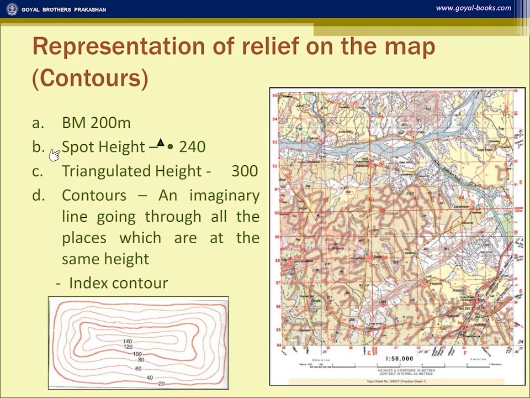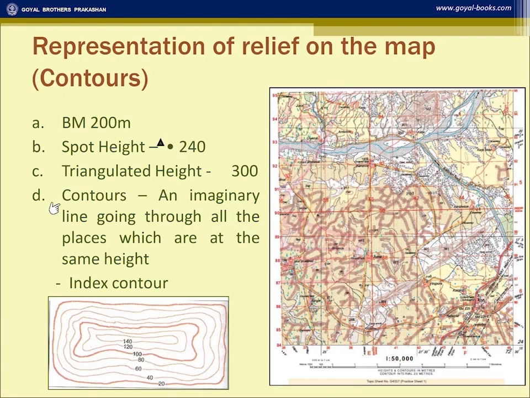The spot height shows that the height of that particular point is 240 meters. The triangulated height is shown by a triangle beside it, meaning the particular survey has been done by the triangulated method and the height of that particular point is 300 meters.